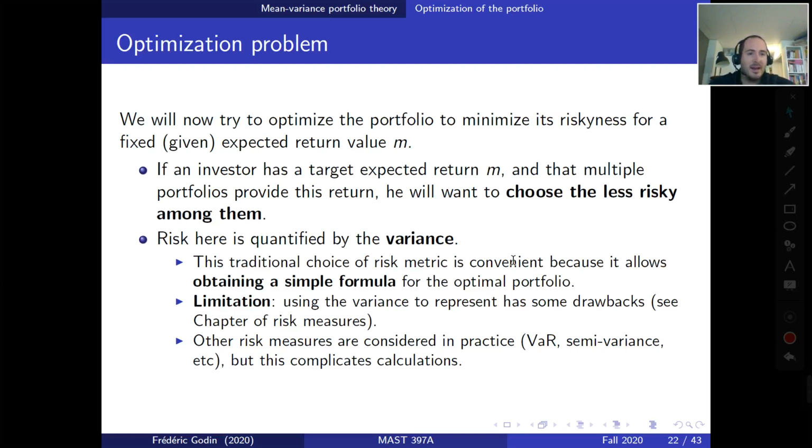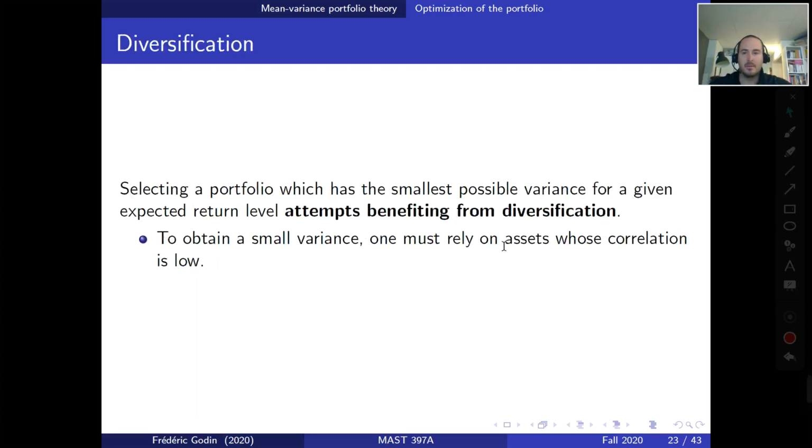So high variance can be caused by either high downward risk or high upward risk, and high upward risk would be good news. So if you use variance as a criterion, you might penalize these highly positive scenarios, which is not desirable. But for now, we're going to accept that variance is not perfect and still pursue with that metric to quantify the risk of the portfolio.